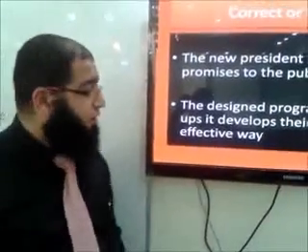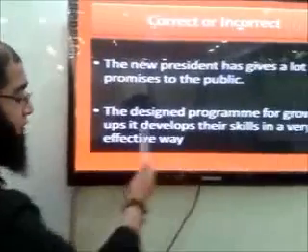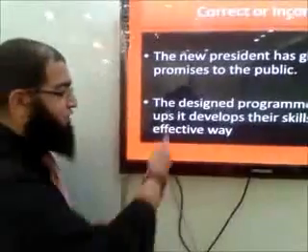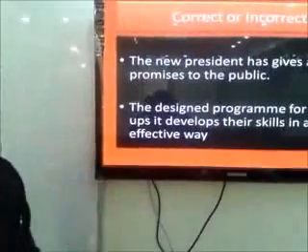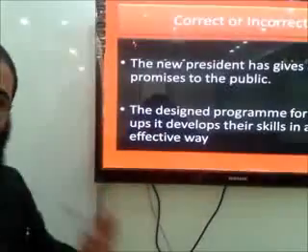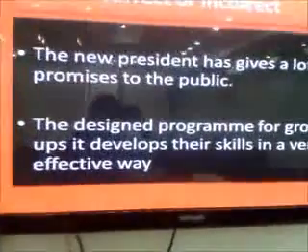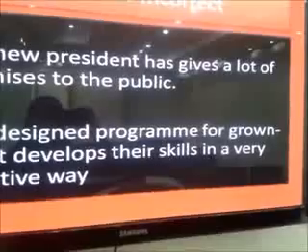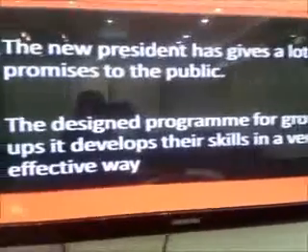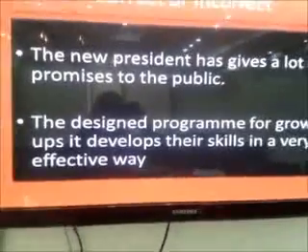I only need one. And I have the design program for grown-ups, and I've got it. So the right answer is to delete it, to drop it, to omit it. So I don't need that one. So the correct sentence will be the designed program for grown-ups develops their skills in a very effective way.